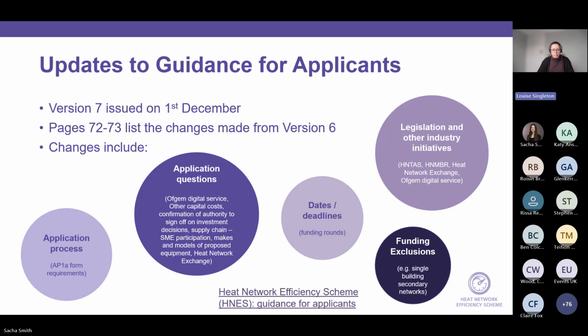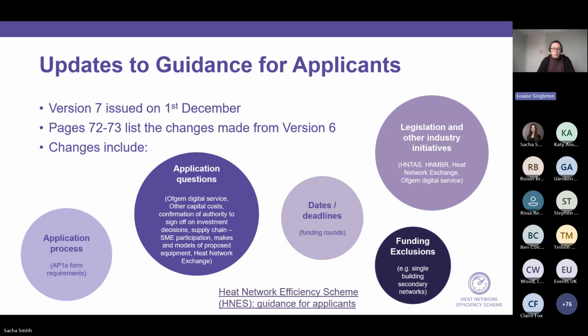So they are now explicitly called out in the application form, so it makes it clearer for yourselves as applicants and for our assessment team where these other additional costs are being put.